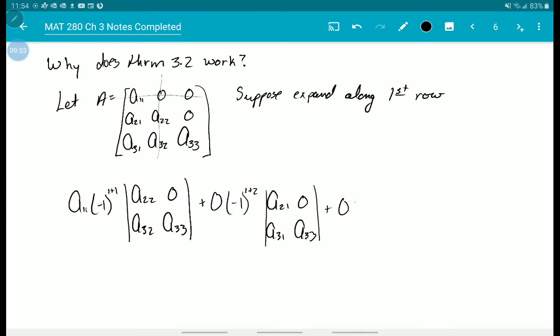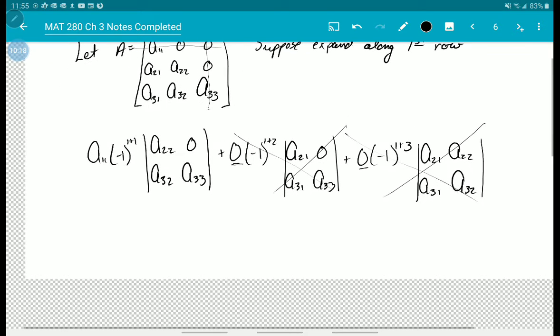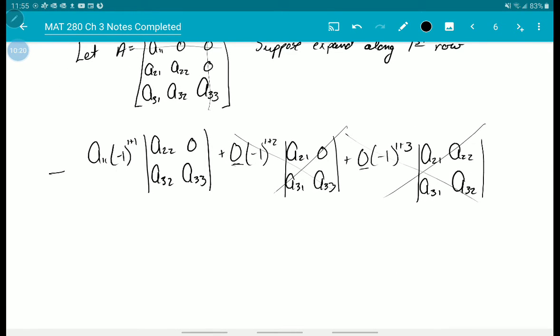And then we would have 0 times negative 1 to the 1 plus 3, once we move to that third column, and then we would be left with this minor. But 0 times anything is 0. We know that, so those are gone. So really, this determinant just boils down to this guy.